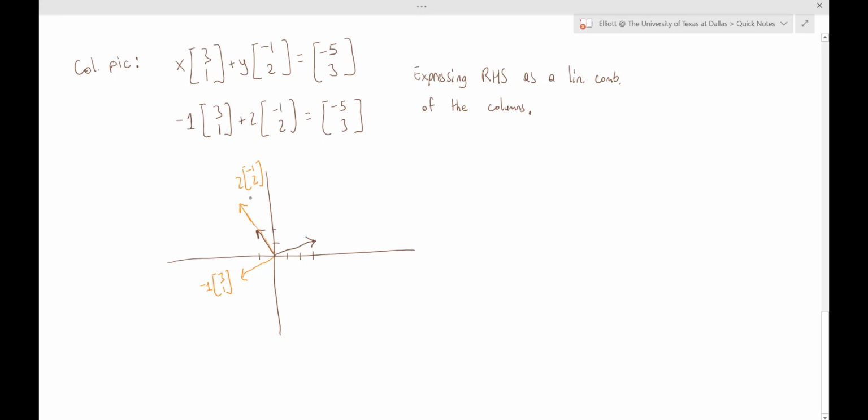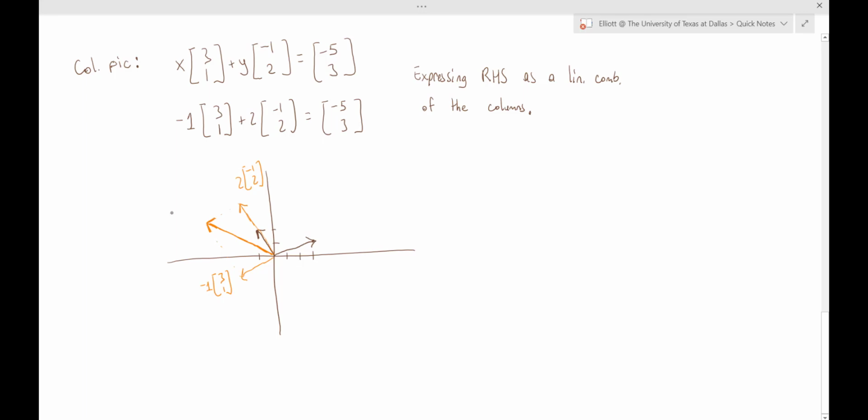And then these two vectors should add to produce negative 5, 3. Remember that to add vectors, when they are connected tail to tail, you can think of the sum as being the diagonal of the parallelogram that they form. So here's the diagonal of the parallelogram, their sum.